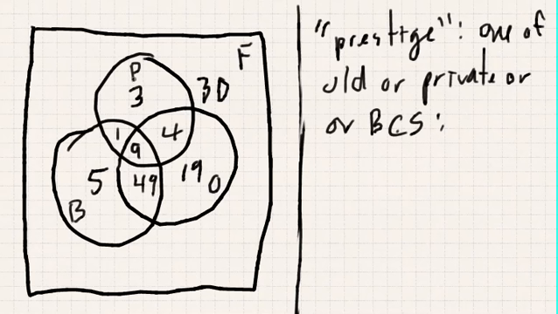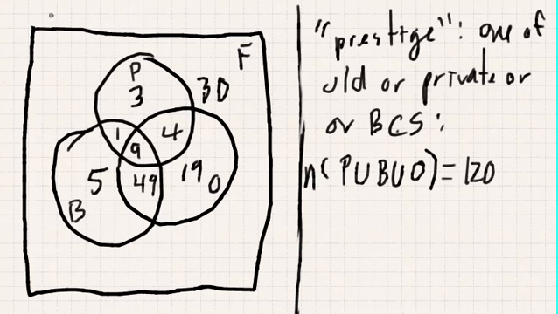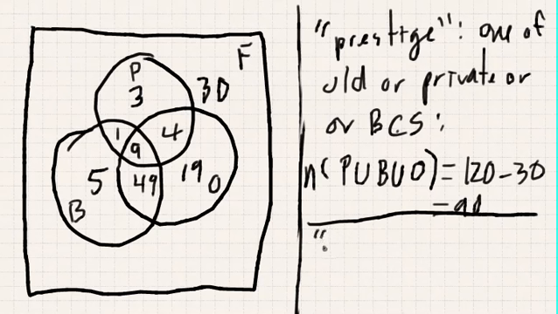Well, adding these guys all up would be kind of annoying. This really is P union B union O. Counting this all up would be annoying, but I know there are 30 guys that are in none of these. So the number of guys in P union O union B is 120, which is the total amount, minus the 30 that are in none of those sets. So that's 90.